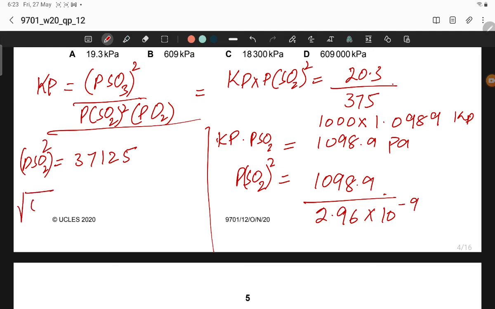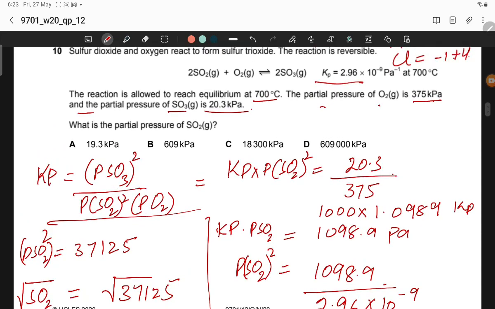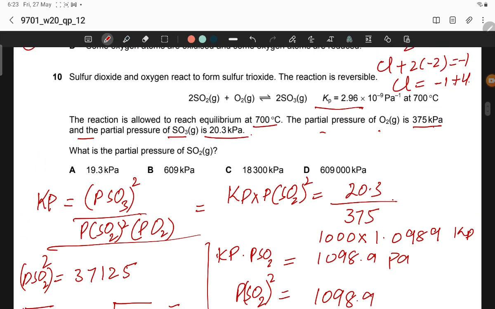By taking the square root, it is equal to 609 kilopascal. So B option is correct.